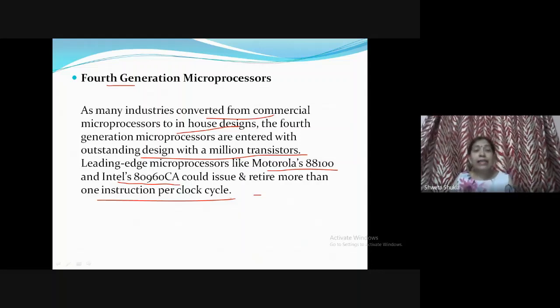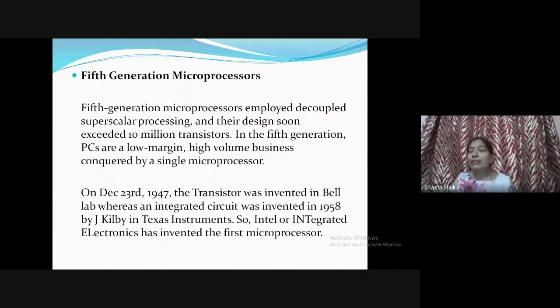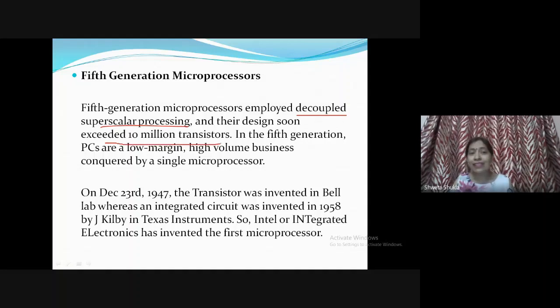Then the last, fifth generation of microprocessors uses completely new technology. In the fifth generation, companies have employed decoupled superscalar processing, and their designs have exceeded 10 million transistors.